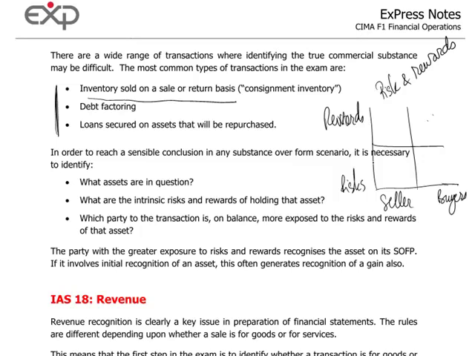In other words, if something happens with the merchandise, it's your responsibility, it's your cost. So identifying those things, placing them in the right quadrant, risk and rewards, quantify them where most of them are with the seller or the buyer, would give you an indication of whether to recognize the sale and when to recognize the sale on the seller side.